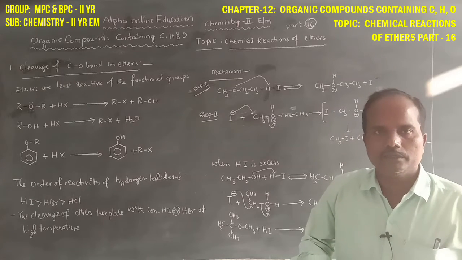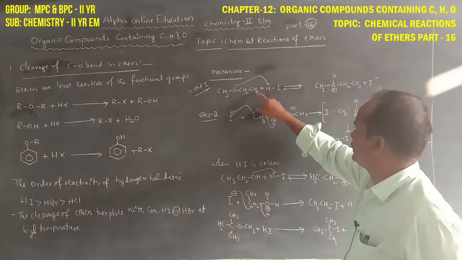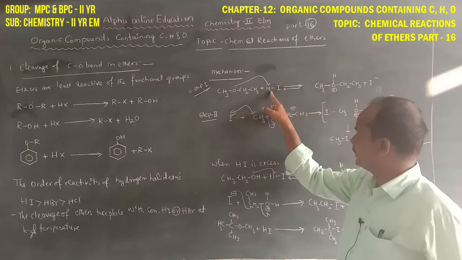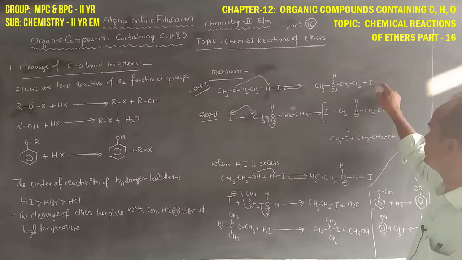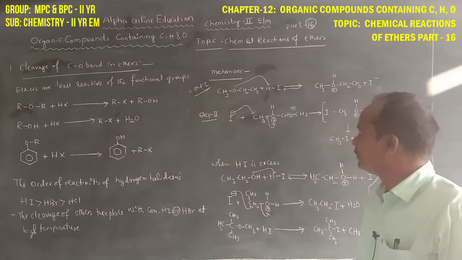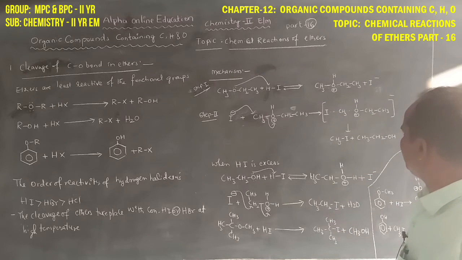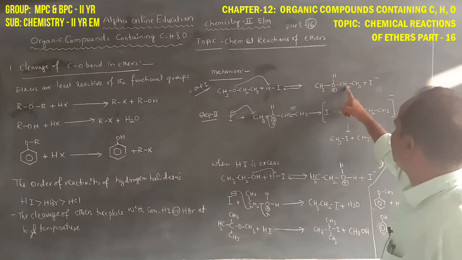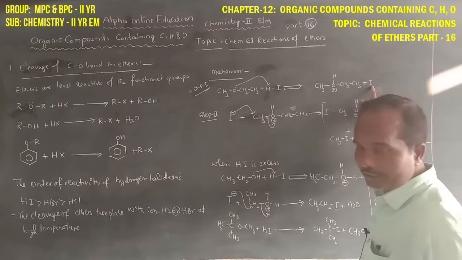It easily gives the H plus ion, and so the protonated ether is formed. Iodide is a nucleophile. This is the first step, in which the protonated ether is formed. Then the next one is the iodide nucleophile.